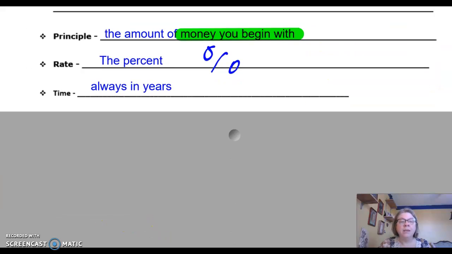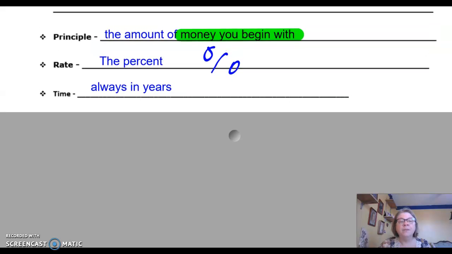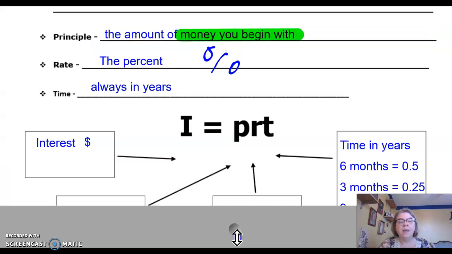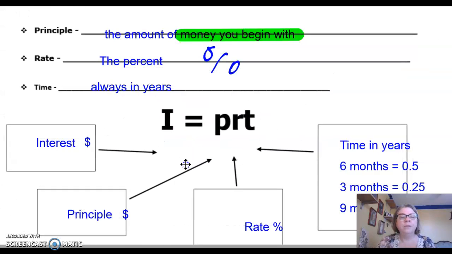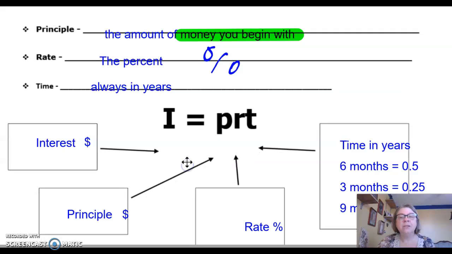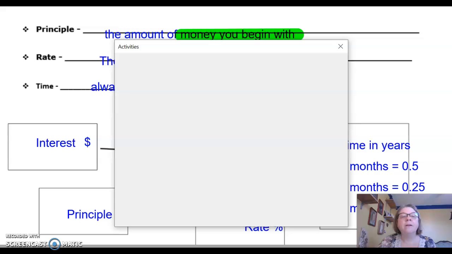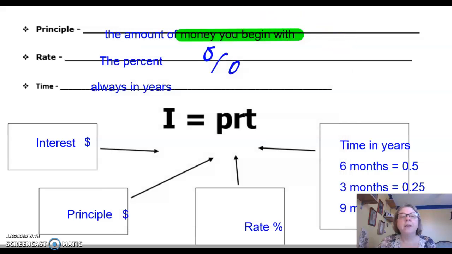So this is our words, and this is our equation. This is the main part that you might want to look at. The interest is I. I'm going to add a couple arrows.